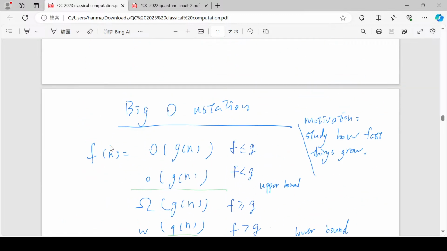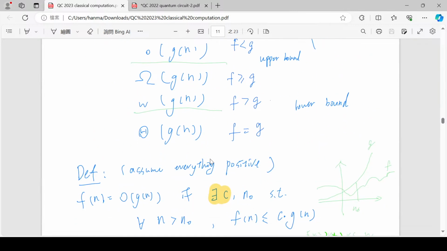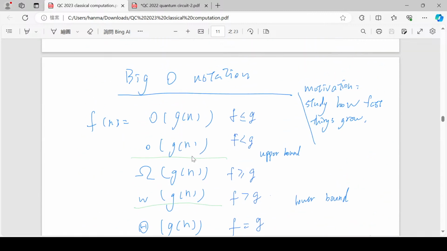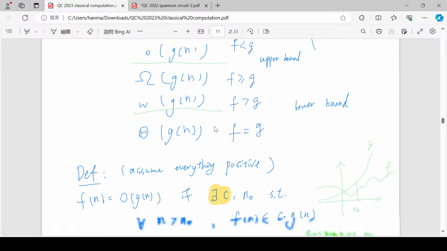If f is big O of g, it means that f is less than some constant times g, and these are all talking about asymptotics. There is some scaling parameter, for example n here, and we think about what happens when n goes to infinity.